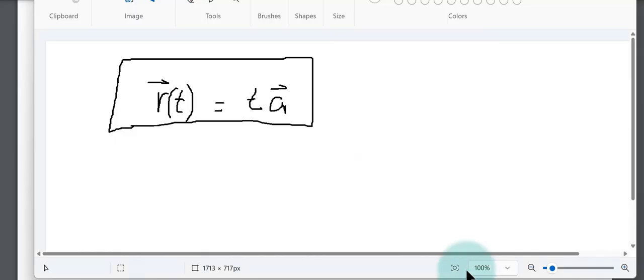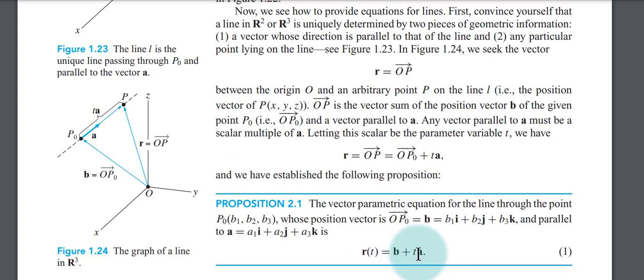Remember, all I had was just the tA. But now we're allowing for b, some constant, but it's not a constant like a number. It's a vector constant, so it allows us to shift up. And notice you can't add a number to this.